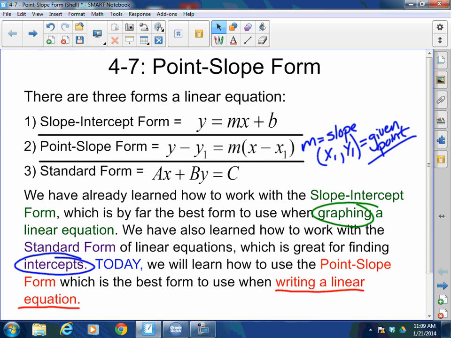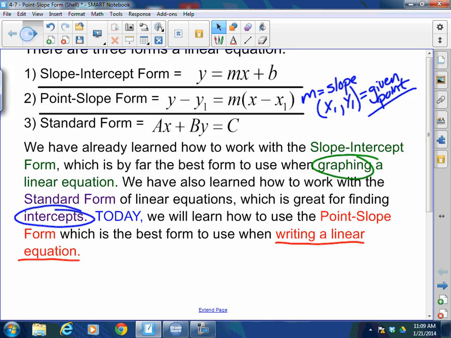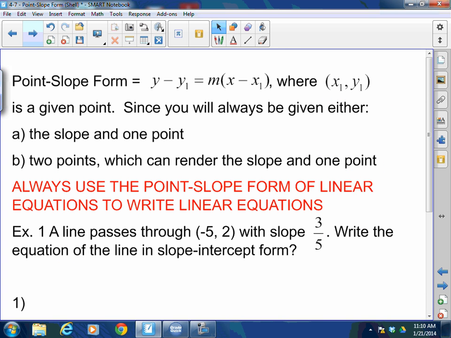May I continue? Okay, let's do this. So the point slope form: y minus y1 equals m times x minus x1, where x1, y1 is a given point. You will always be given one of two things.